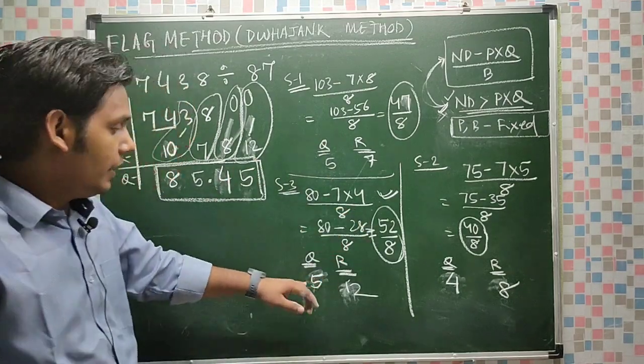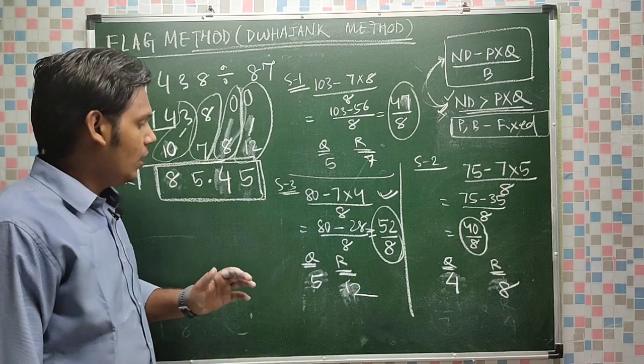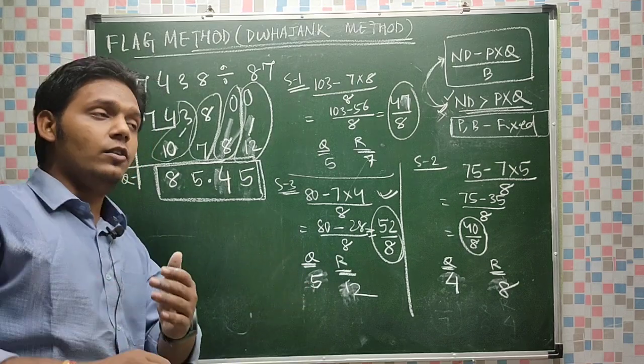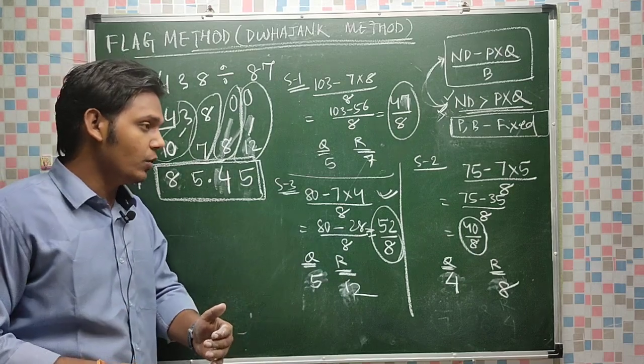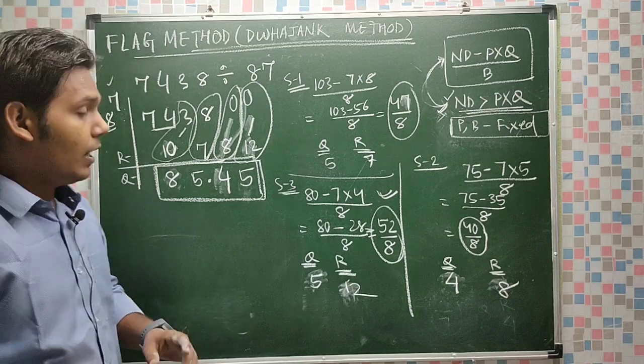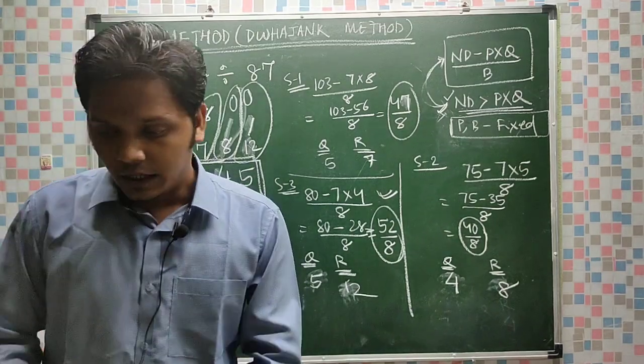If it is not, then you have to decrease your quotient by 1. If the condition is again not satisfied, again you have to decrease the quotient by 1. So this is all about the flag method. I hope after watching this video you will be able to understand clearly. Thank you for watching.